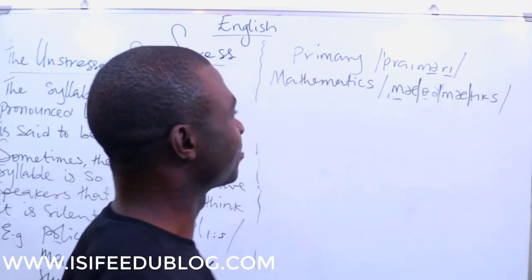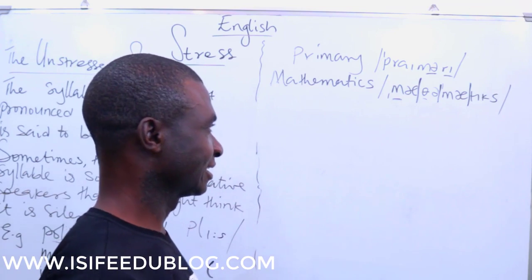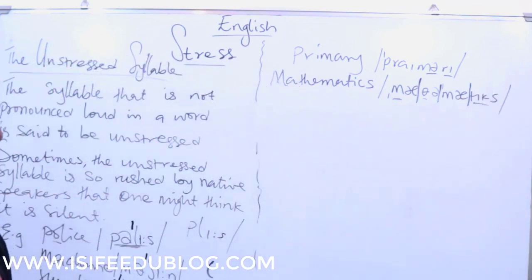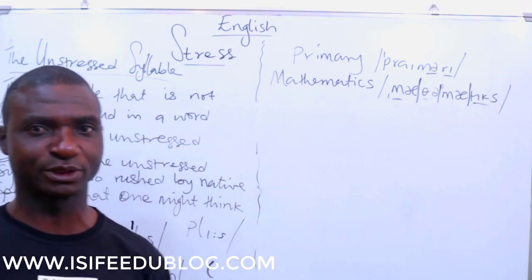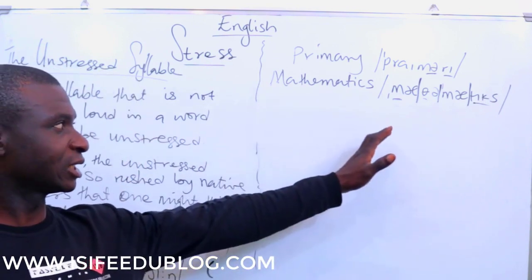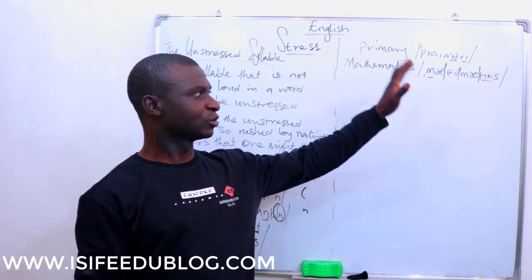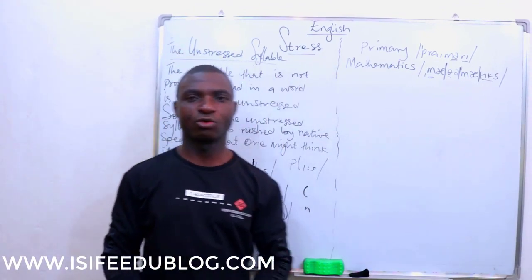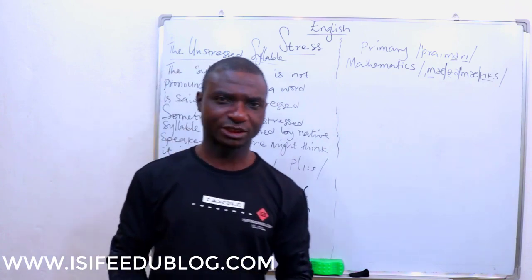This is the primary stress, and this is unstressed. So in one word, we have all the stress types. One secondary stress, two unstressed syllables, and of course, the key, which is the primary stress.